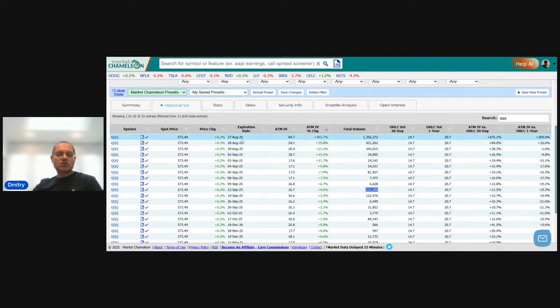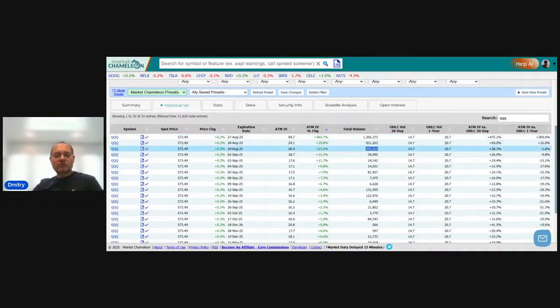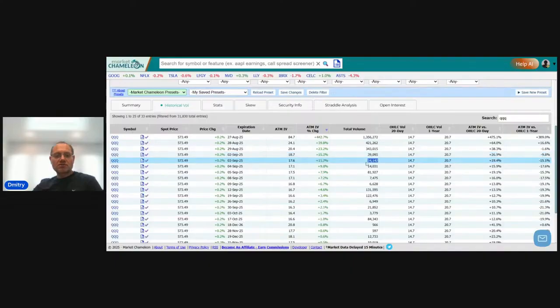So here in QQQ, let's start at the top. August 27th expiration, we see that here's the IV. This is the total volume for that expiration. And you can see that the volume for each of these expirations are different. Let me take QQQ off for a sec.